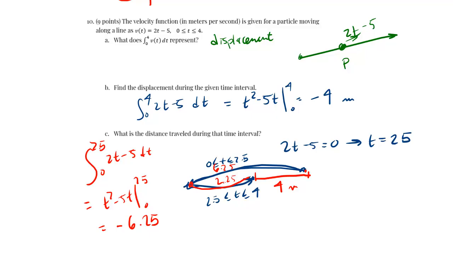So the total distance I went is 6.25, taking the positive version of it, and 2.25. I want to make sure, we're doing the total distances, so I've dropped the negatives here. So it would be 8.5. 8.5 meters is my total distance traveled. Great. Those are all the solutions.